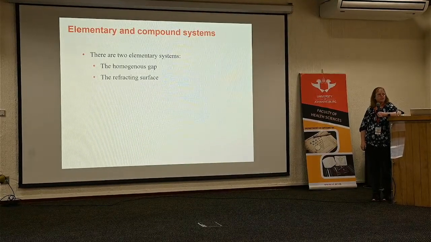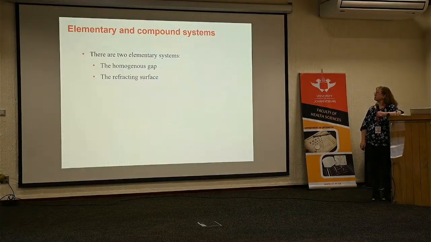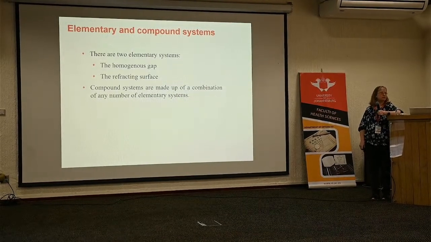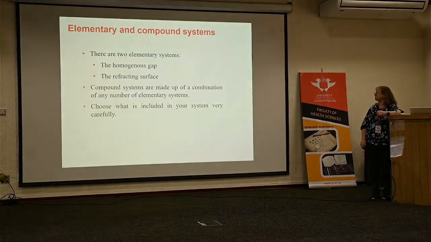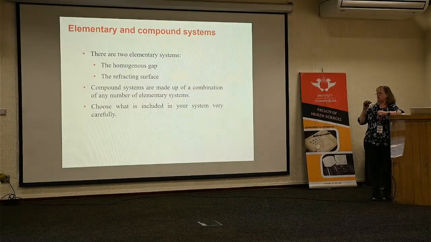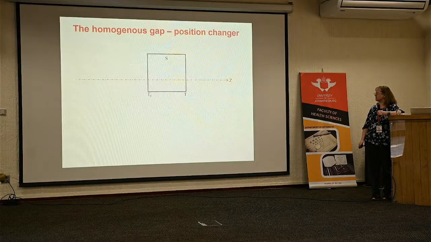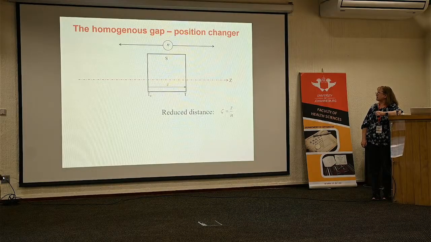We all know there are two elementary systems, the homogeneous gap and the refracting surface, and any compound system is made up of a combination of these two systems. And for linear optics, we need to choose very carefully what we're going to include or exclude from our system. So let's just have a quick look at the transference for a homogeneous gap. We have a gap of width z.